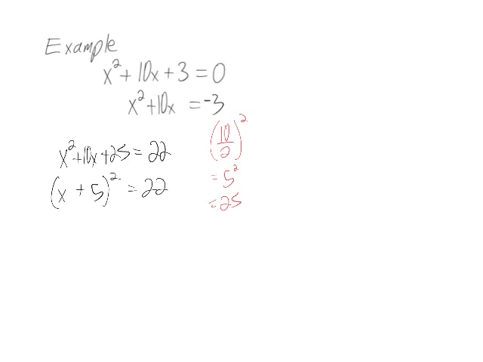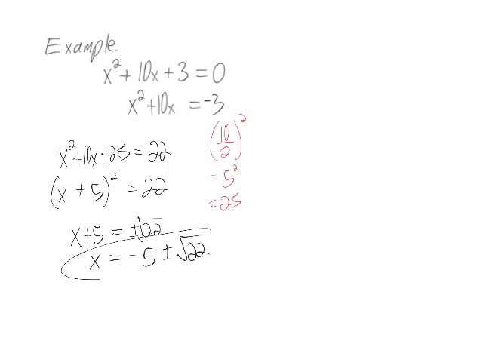Then from here we can apply the square root property. Put a plus or minus on the constant side. And we take that square root. So x is equal to negative 5 plus or minus the square root of 22. And that's our solution there.